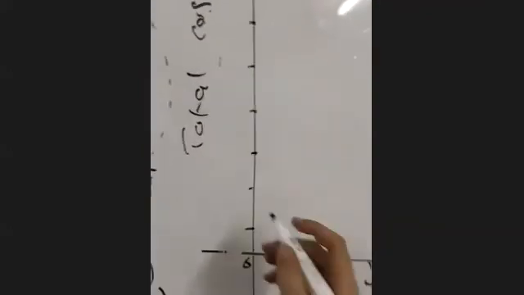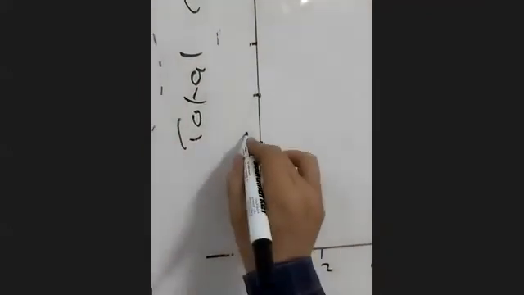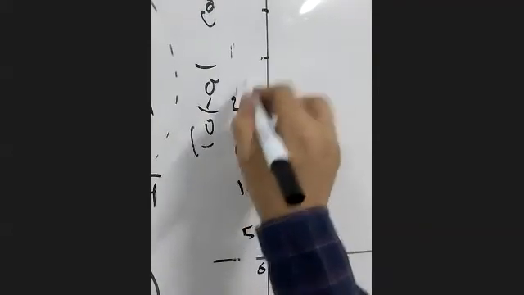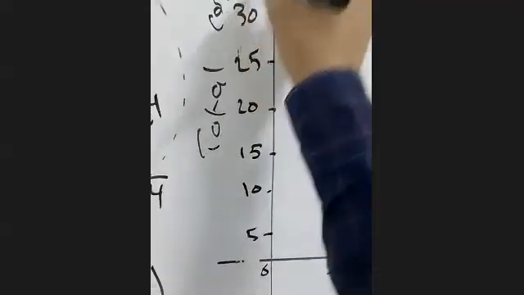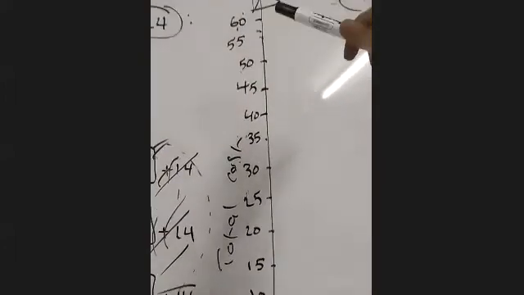Now here: 5, 10, 15, 20, 25, 30, 35, 40, 45, 50, 55, 60. Look here, I need 56, so the numbers should include 56.